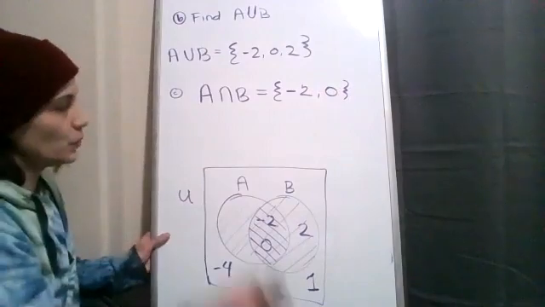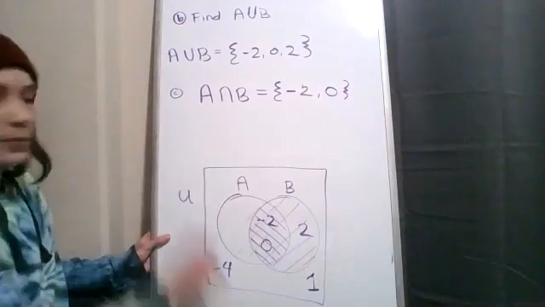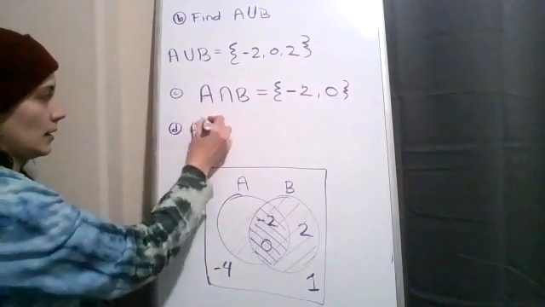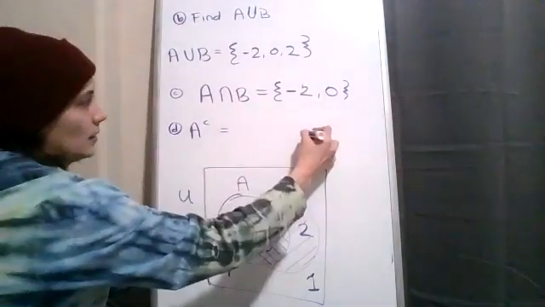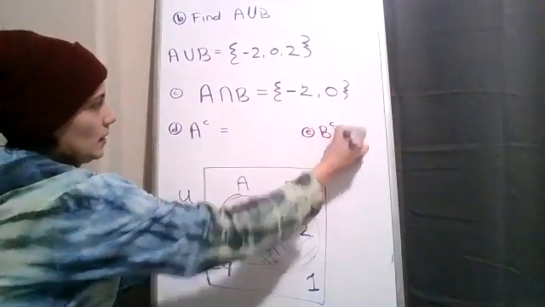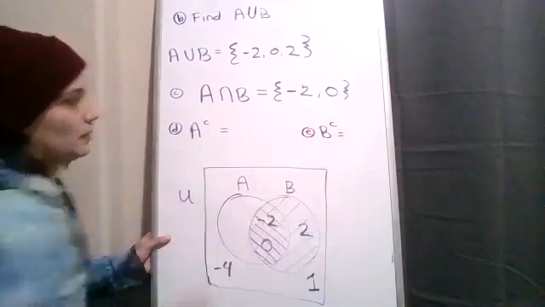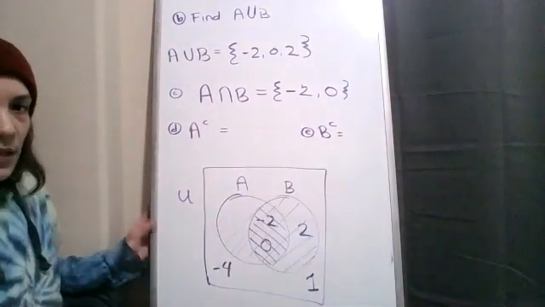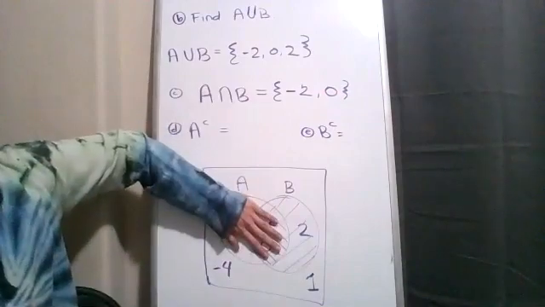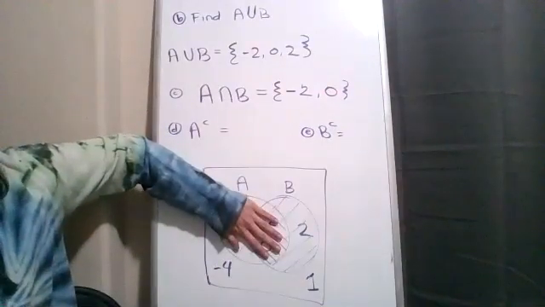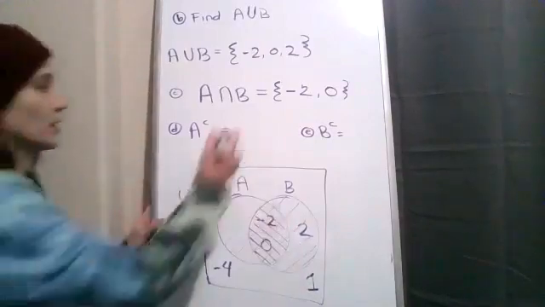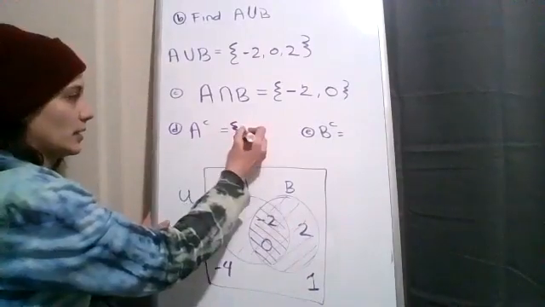We'll find A complement and B complement. Let's make space. Okay, A complement, so it cannot be in set A. So not -2 or 0. So you could have 1, 2, and -4 contained in curly brackets.